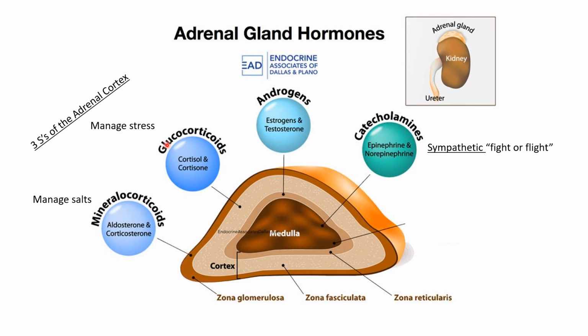We're going to be managing stress with the glucocorticoids, the cortisol, in this fasciculata. And we're going to manage androgens, or the sex steroids, with zona reticularis. And then deep down in the medulla, you're going to have the catecholamines, which are epinephrine and norepinephrine, doing our fight or flight response.